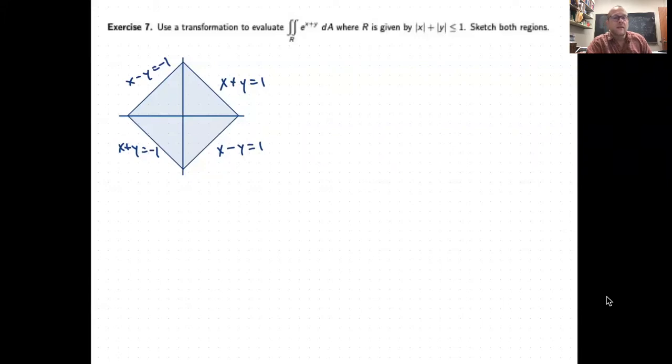If one of them is negative, then its absolute value is actually the negative of the number, right? So when we talk about the absolute value of x plus the absolute value of y equal to 1, we actually have to think about all the possible plus and minus combinations here.